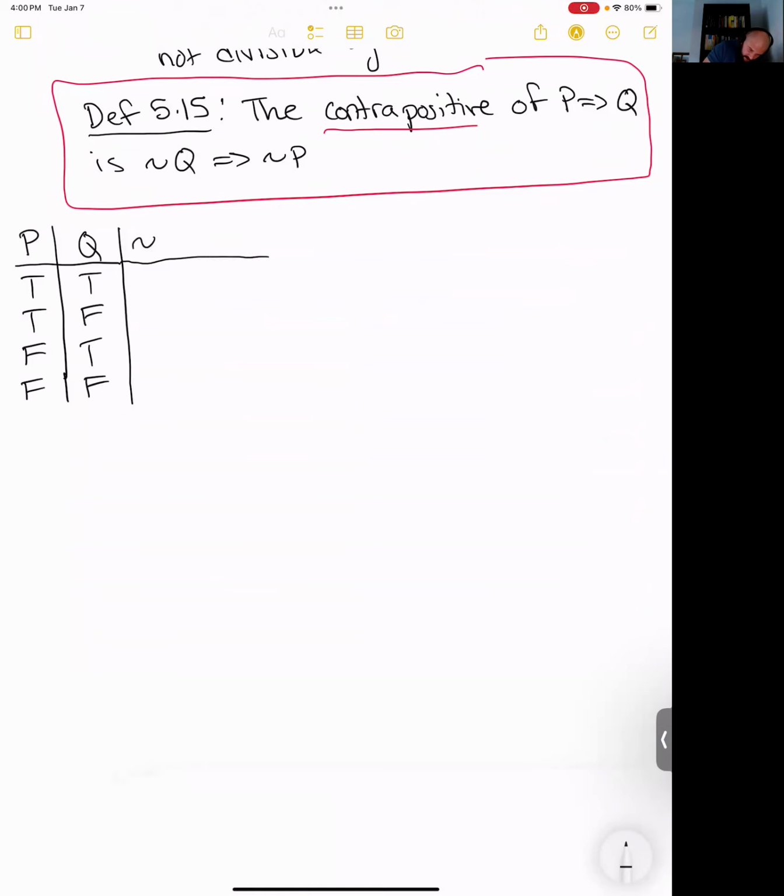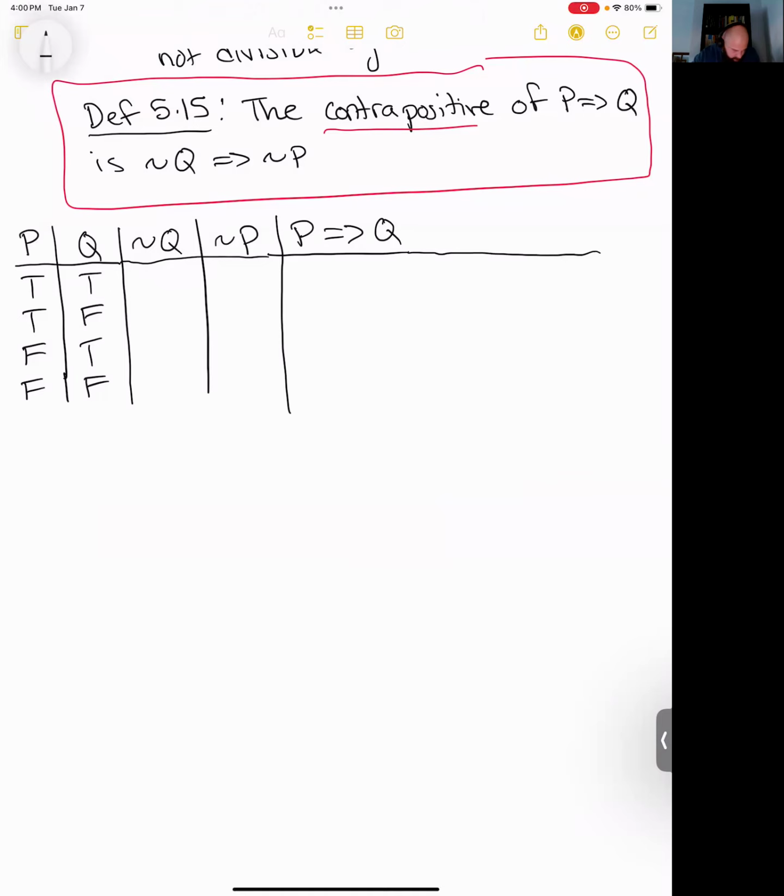All right, let's just start out simple here. So we'll do not Q and not P. And we'll do P implies Q. And then we'll do not Q implies not P. All right, well, the first two are pretty simple.